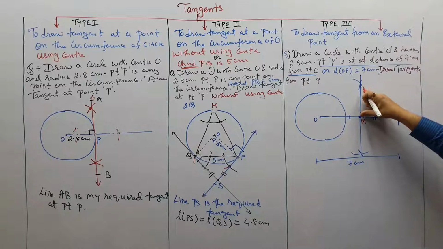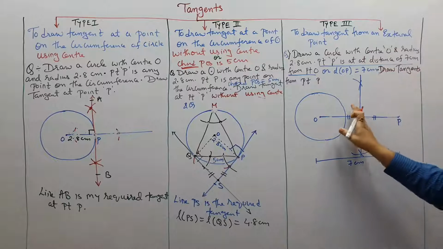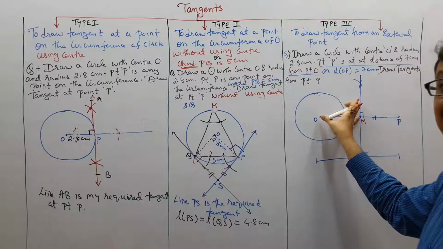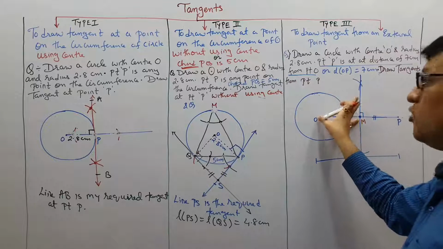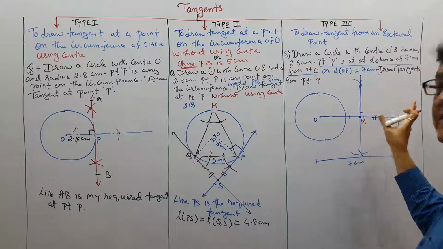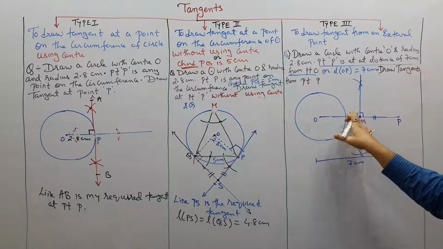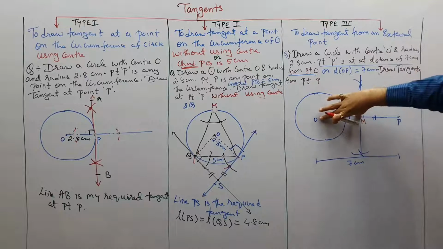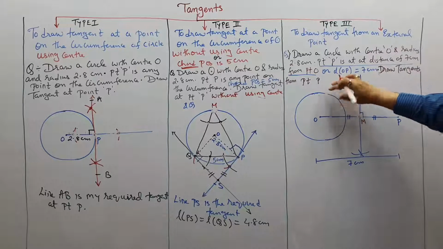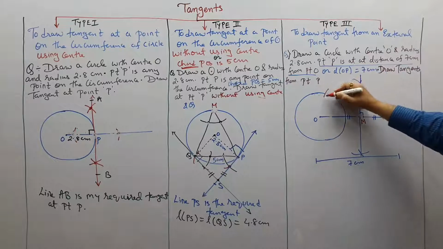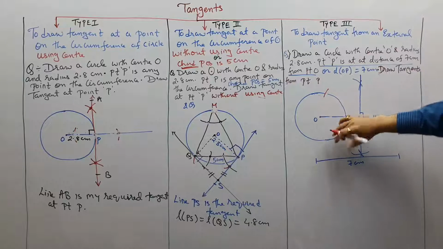With M as a center, either MO as a radius or MP as a radius. Choice is yours. Most preferred is MO. Right? Draw an arc which is cutting your original circle here and then here.